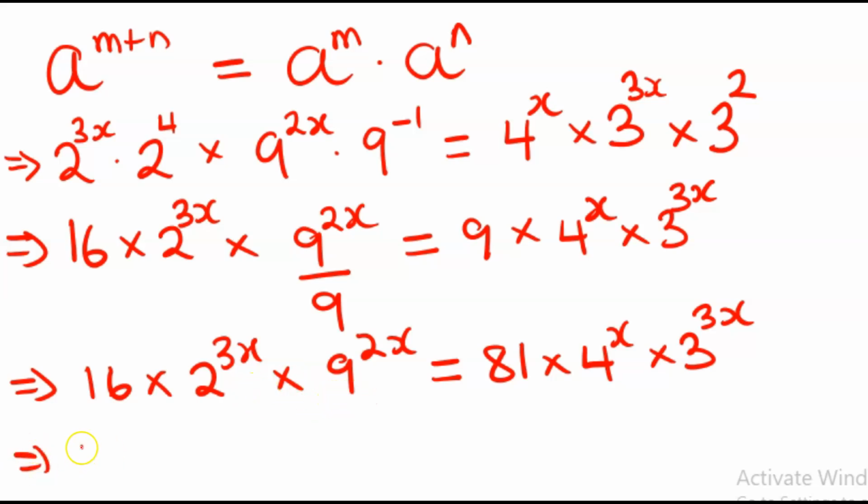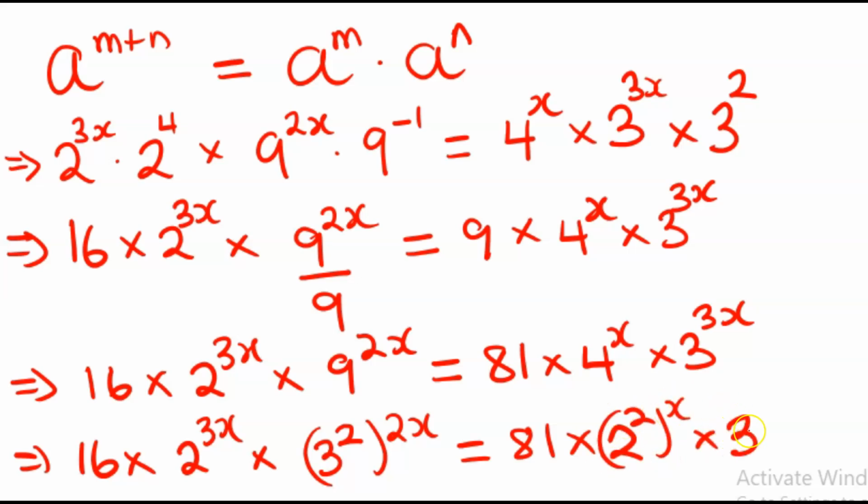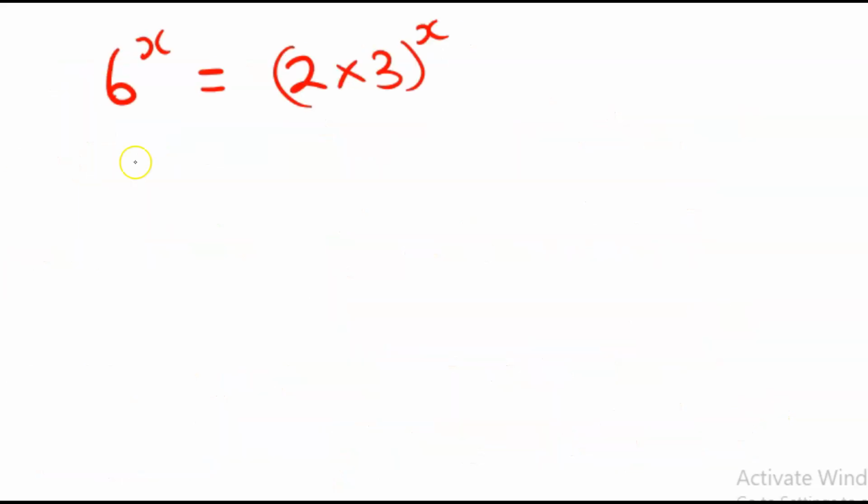This implies that 16 times 2 raised to the power 3x times 9 alone, we can write it as 3 raised to the power 2 all raised to the power 2x, which is equal to 81 times 2 raised to the power 2 all raised to the power x times 3 raised to the power 3x. So let's continue.